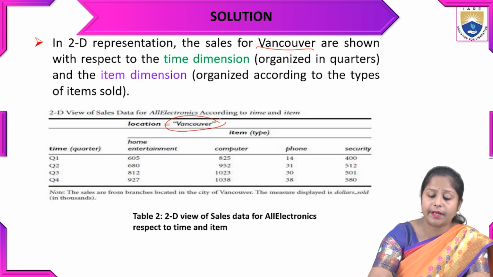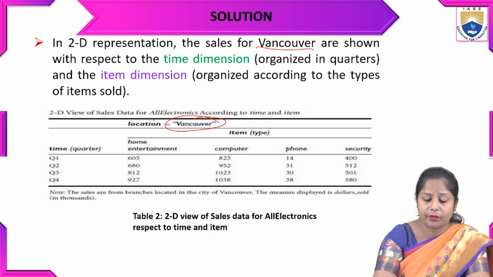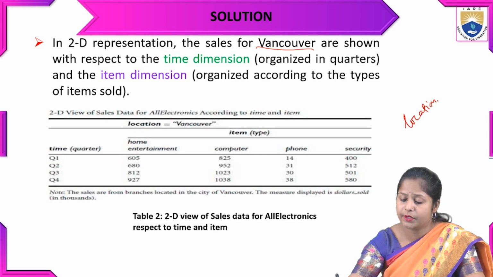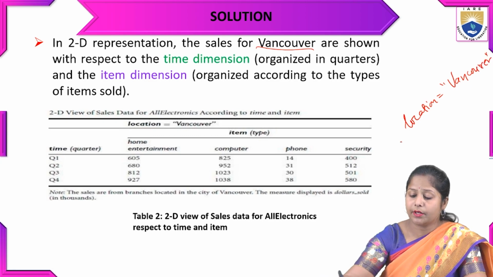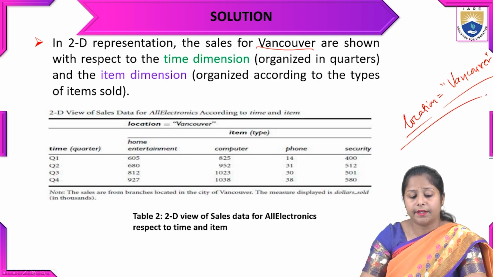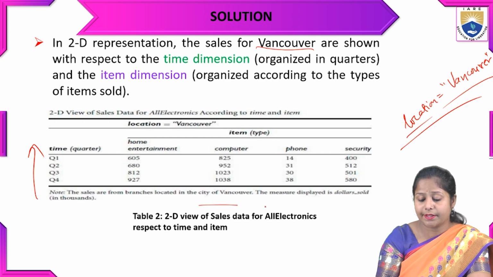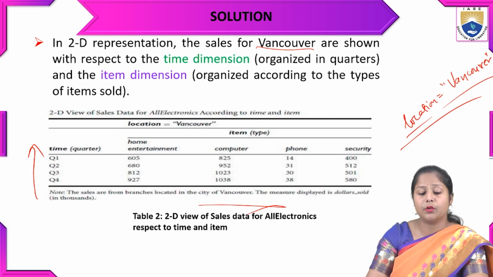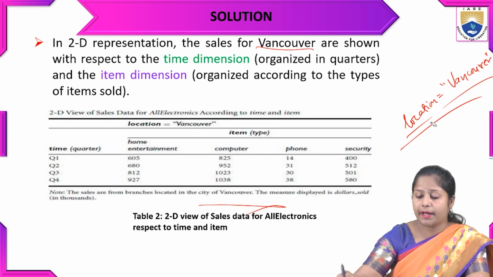If we are prompting for Vancouver in the location, the query is written as location is equal to Vancouver. So this is the particular query. On the basis of that, with respect to time, this is the sales figure. So there is a 2D view of sales data for All Electronics according to time and item.